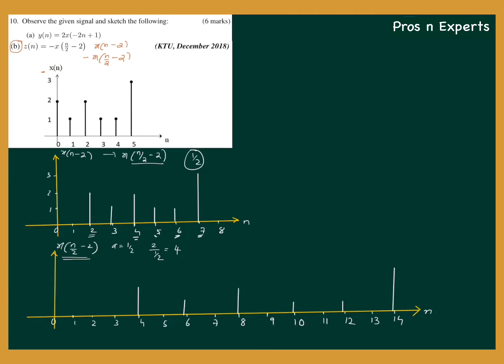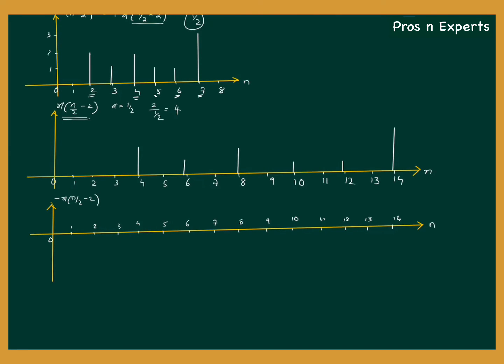Is our answer final? No, because we have to find out minus of x of n by 2 minus 2. Now this is very simple. This is a simple mathematical amplitude operation. You have to invert all these samples, or multiply them with minus 1, whatever it is. The final answer you will get is our minus x of n by 2 minus 2. Let us attempt to draw minus x of n by 2 minus 2. We have to invert all the samples.